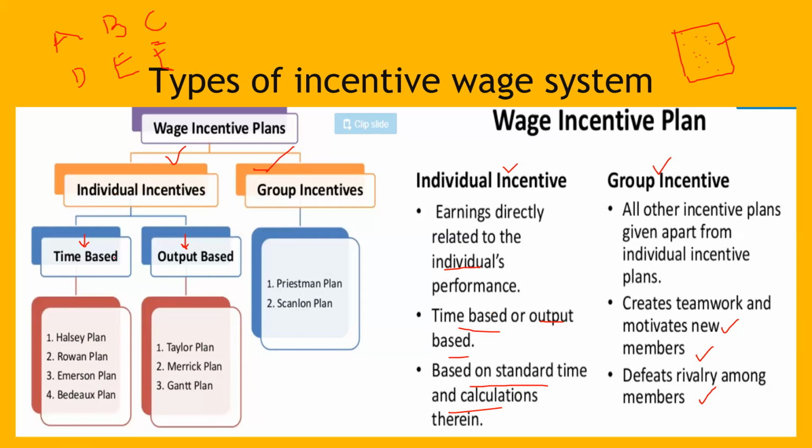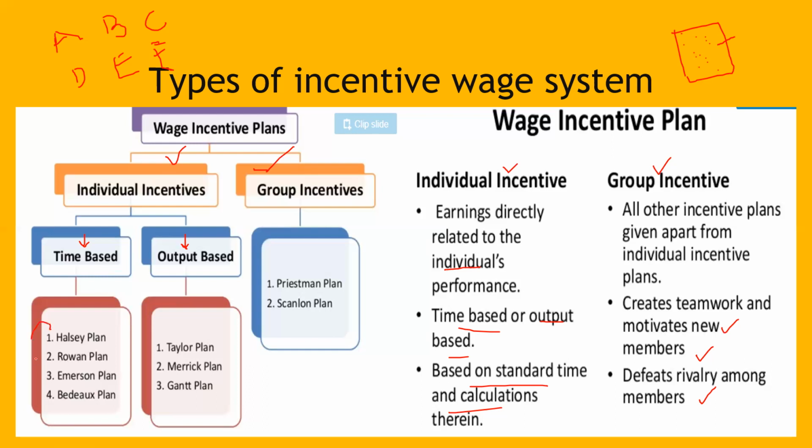In individual incentives, we can see time-based incentives and output-based incentives. I hope that you have understood what time-based means. When you are working, whether you are completing the task within a given time or not, considering some factors.